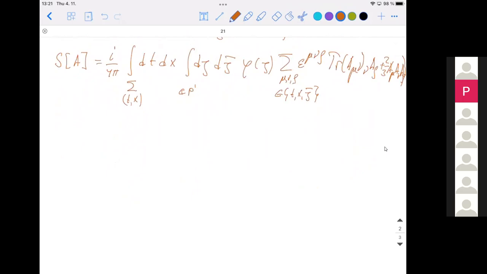To write down the equation of motion, we vary the gauge field A, and then we calculate the Chern-Simons 3-form, right?